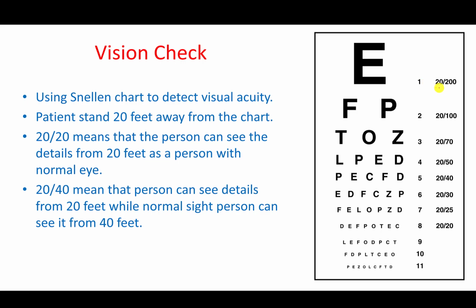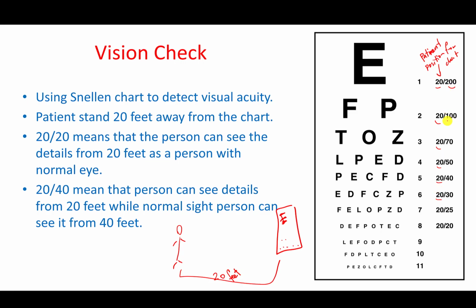The first number is 20, the patient's position from the chart. The patient will stand 20 feet from the chart. This is fixed, so it's always 20, 20, 20, 20.